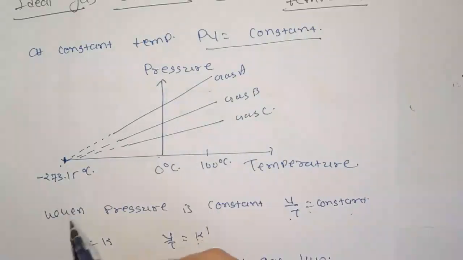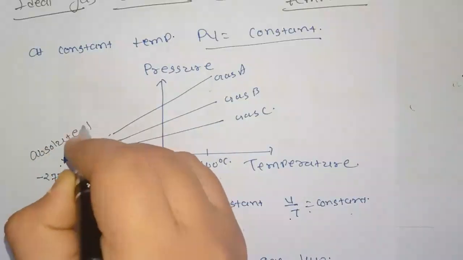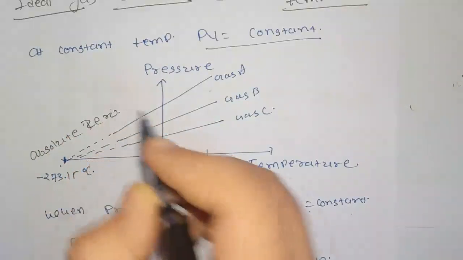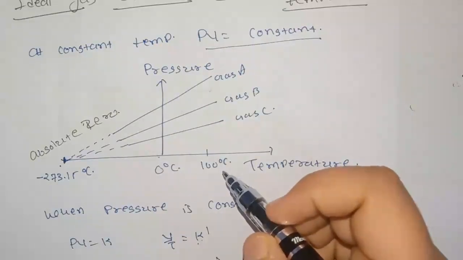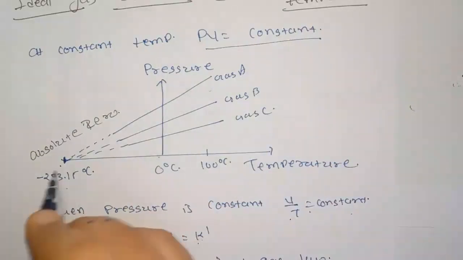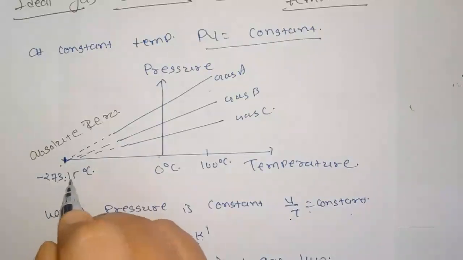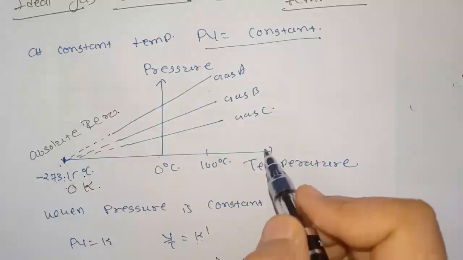This temperature is called absolute zero temperature. A temperature scale based on this zero is called the absolute temperature scale or Kelvin scale. So we can see that minus 273.15 degrees Celsius is equals to 0 Kelvin.